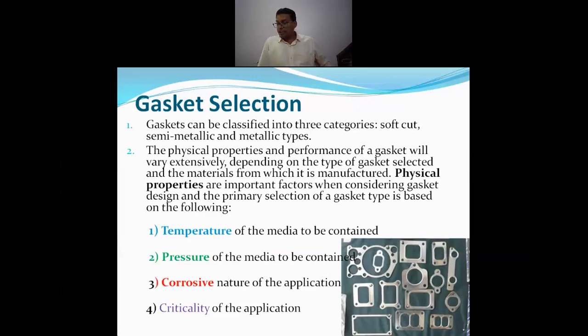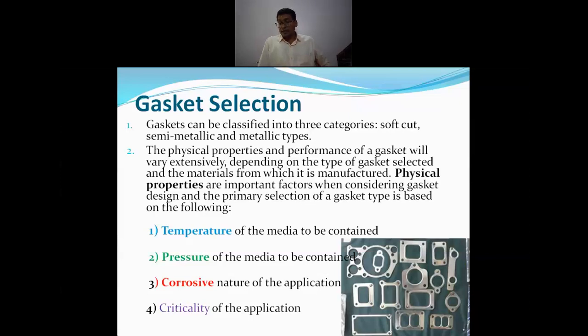Now the temperature can be as low as minus 250 degrees Celsius to 2000 degrees Celsius, depending on the operating temperature. Similarly, the operating pressure can be from vacuum to 500 atmospheres.